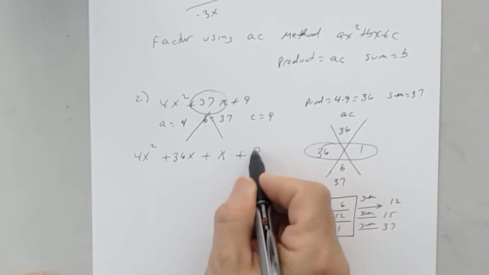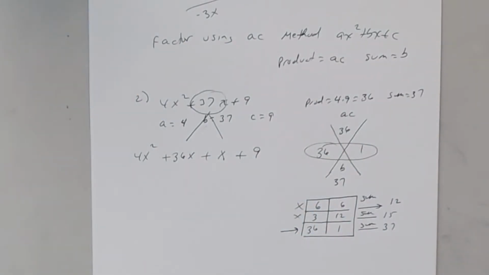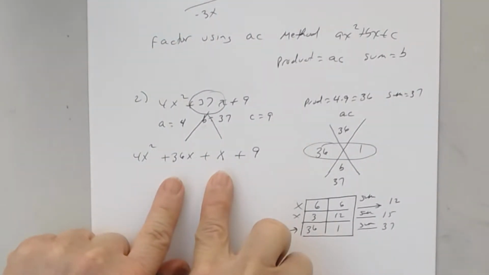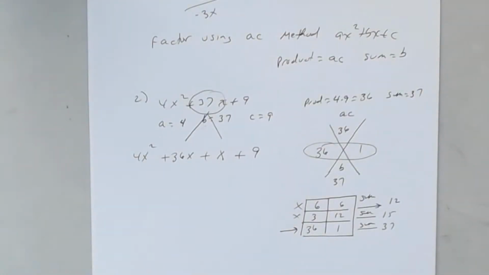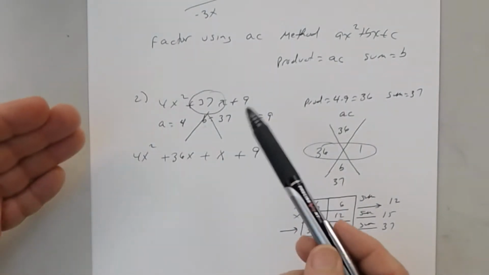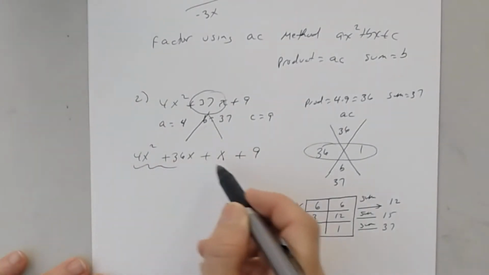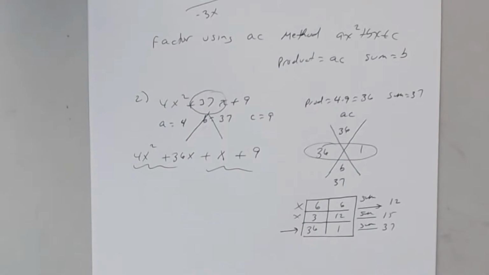And then plus 9. It's still the original problem. I haven't changed the original problem. It's still equivalent because 36x plus x is 37x. I just, instead of writing it as 3 terms, wrote it as 4 terms. And the reason you want to write it as 4 terms is so that you can use grouping now.